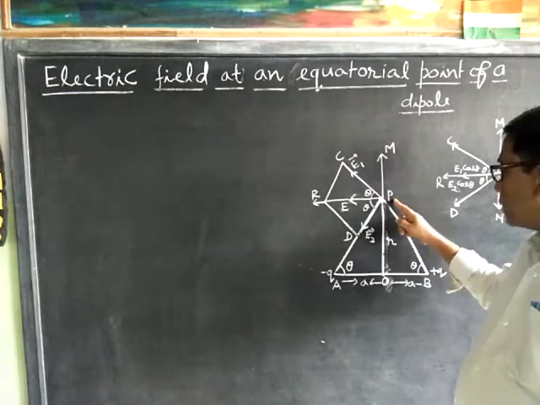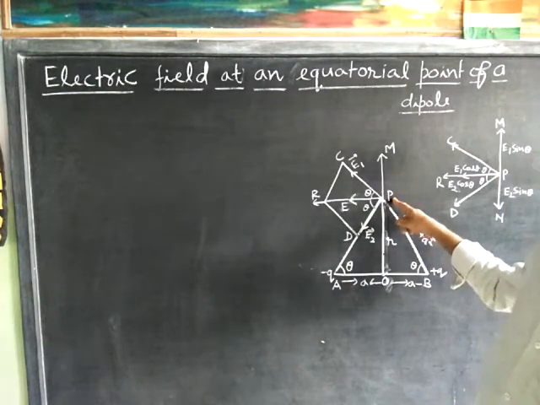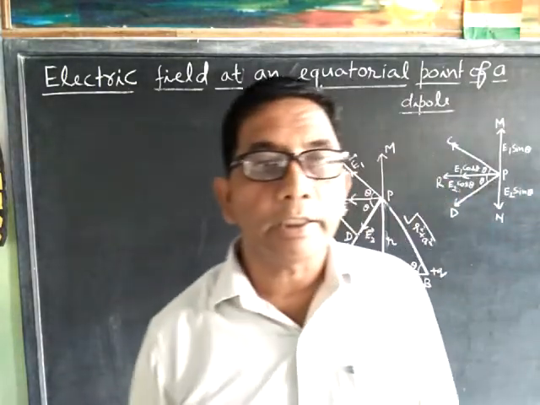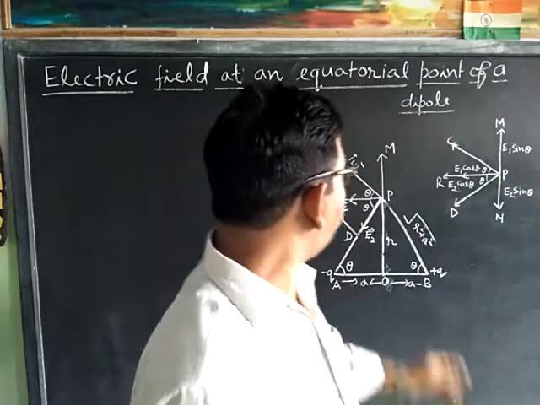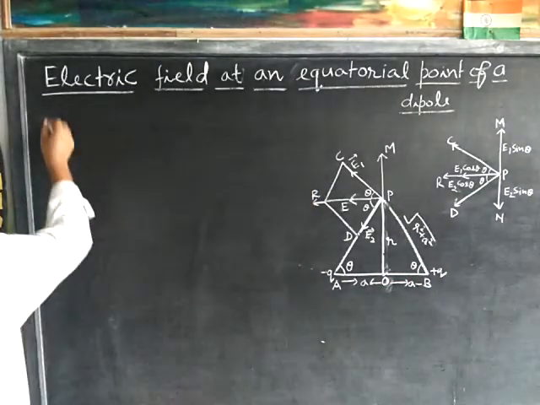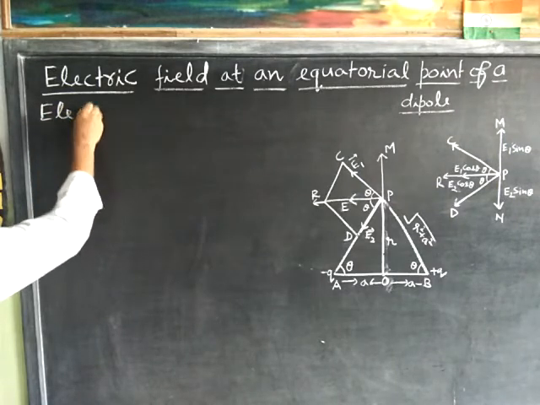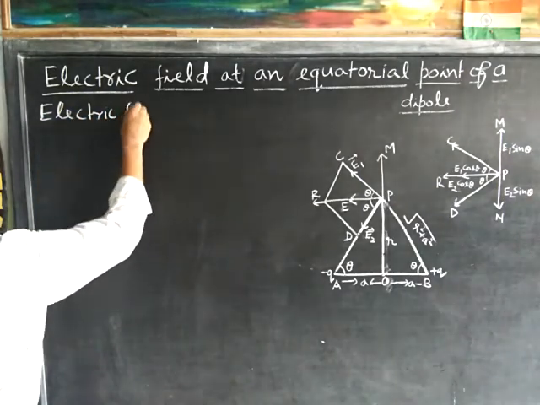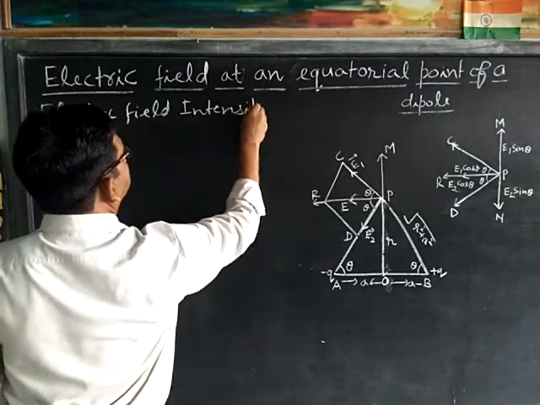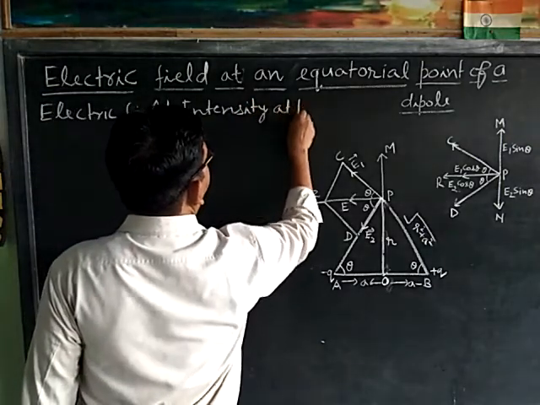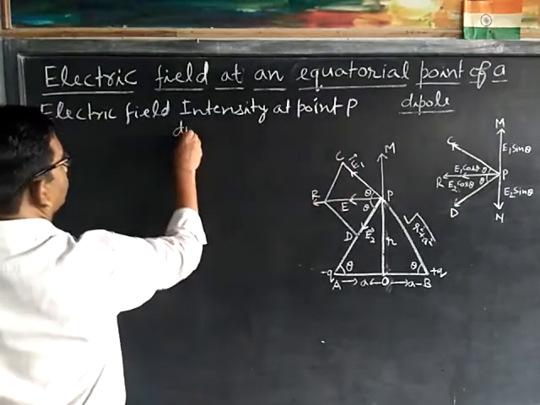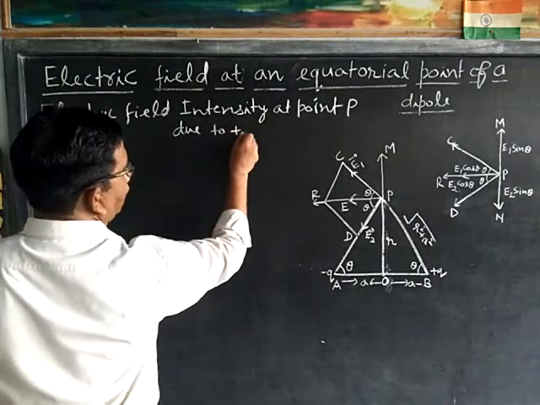Let a unit positive charge be placed at point P. Now the electric field intensity E1 at point P due to plus Q charge.